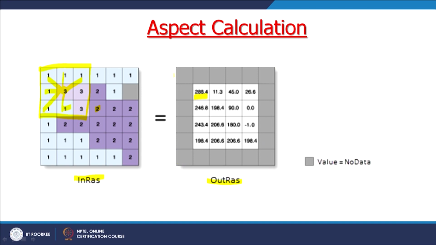One important point you should also note, which I have also been discussing, is that a one-cell thick border will always be created whenever you are using this 3 by 3 kernel. This 3 by 3 kernel cannot move on the edges, because if this cell is considered, then I need further cells like this, which is not possible since that data is not available. So, on the edges it cannot perform the calculation, and hence a no data value is assigned.